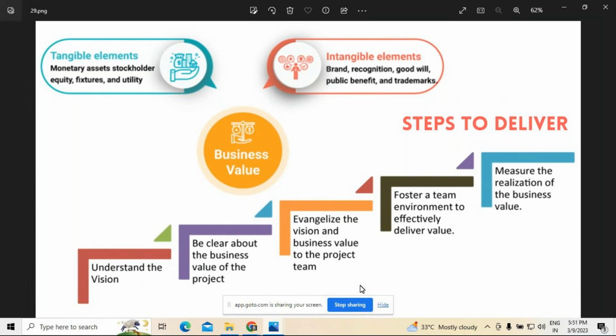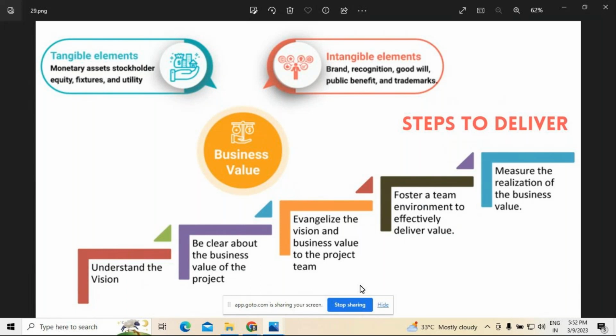So when you are talking about program management, business value plays a vital and important role in identifying the real needs as well as the real requirements of the customer, which have to be addressed first, right?